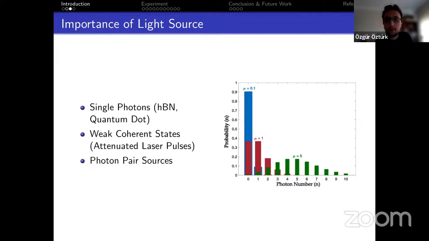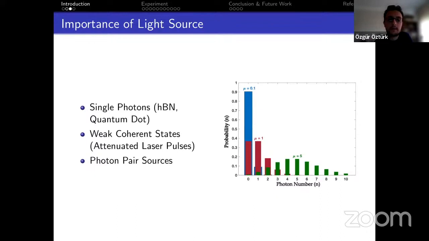In our experiment, we used weak coherent states, as an intermediate step to our main goal. But weak coherent states have a security flaw: in each pulse there is a probability of there being 1 photon, no photon, or more than 1 photon.